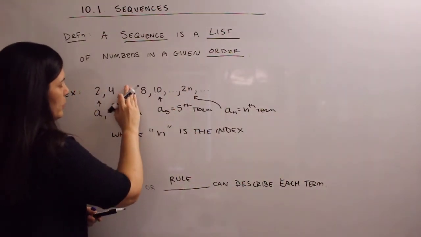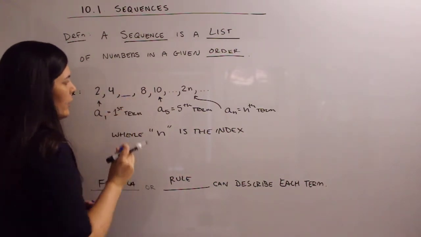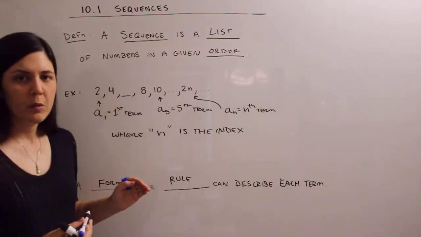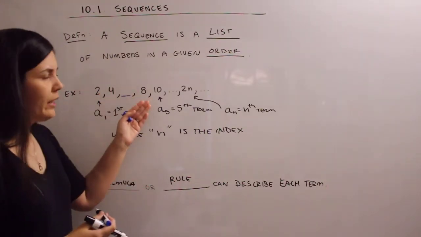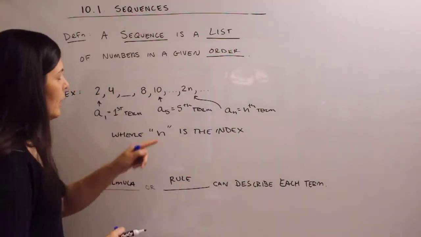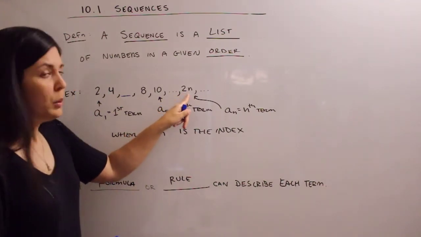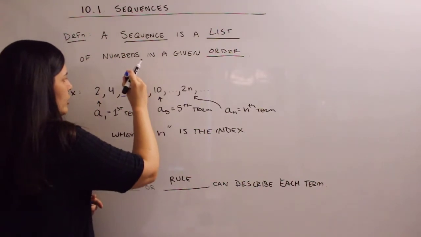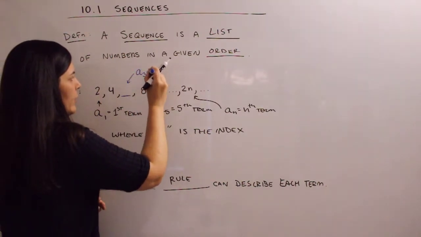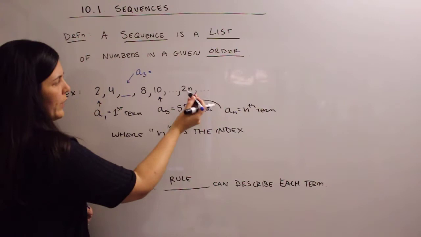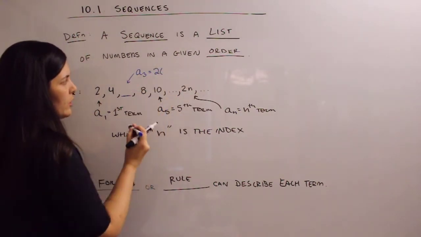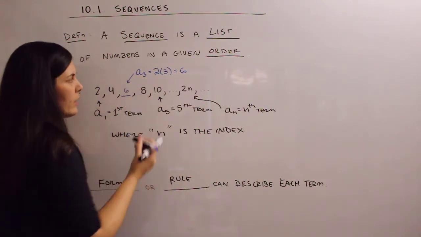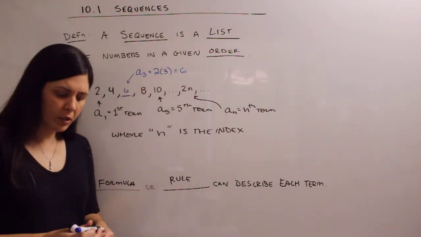Okay, let's pretend this was blank for a second. You already know what it is. You could tell just by guessing, even if I hadn't put the 6 there to begin with. 2, 4, blank, 8, you would have probably known it was 6. But if you knew that this rule was 2n, well, if this is in the third spot, we know that this term is a sub 3. The rule is 2n, so n in this case is 3, so 2 times 3, so that term has to be 6. Okay, so that's how that works.